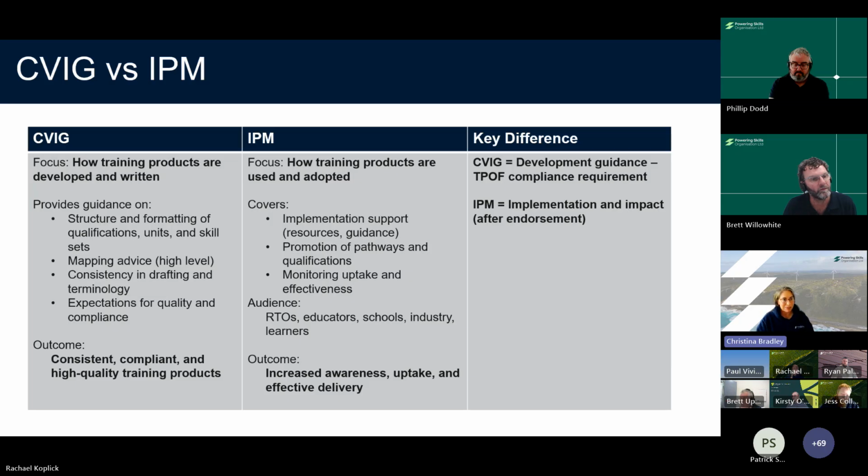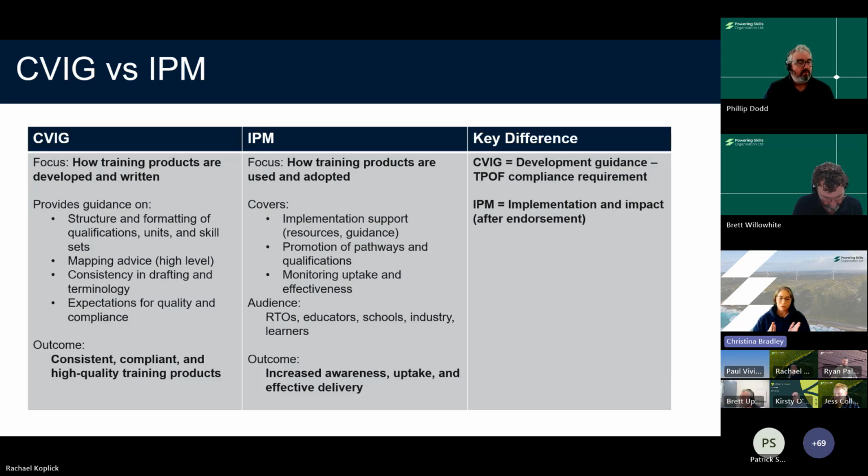The CVIG is a TPOF compliance document that is similar to what you see on training.gov now. But what we've also identified within that is that there's been a lot of copy and paste from 7 to 11 to 20, and there's lots of errors in it. So we're refreshing all of that as well.